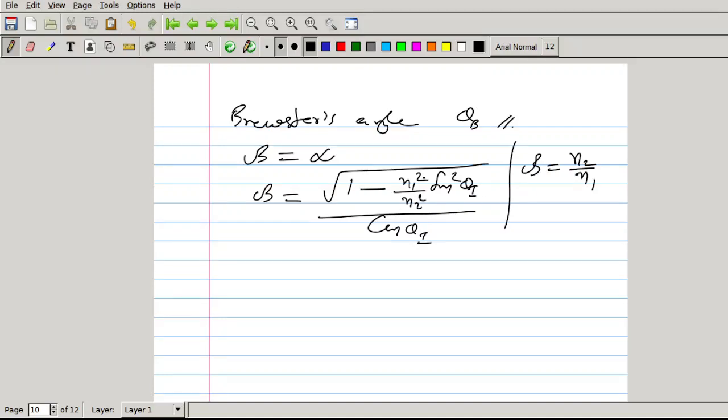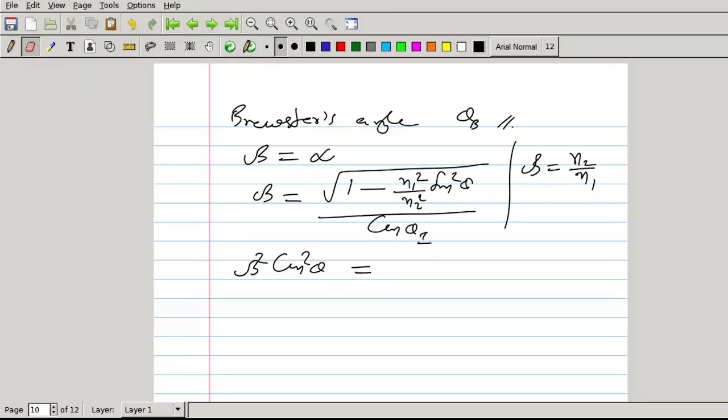So we can write it as 1 by beta square, and taking cos theta I to the left hand side and squaring, we will have beta square cos square theta I equal to the same expression, where this theta is theta b. So instead of theta I, I will write theta b.